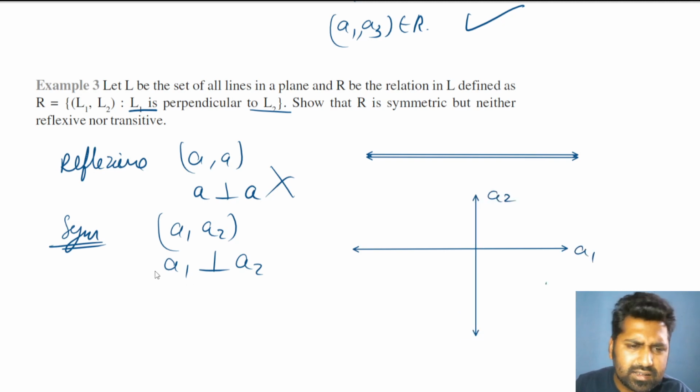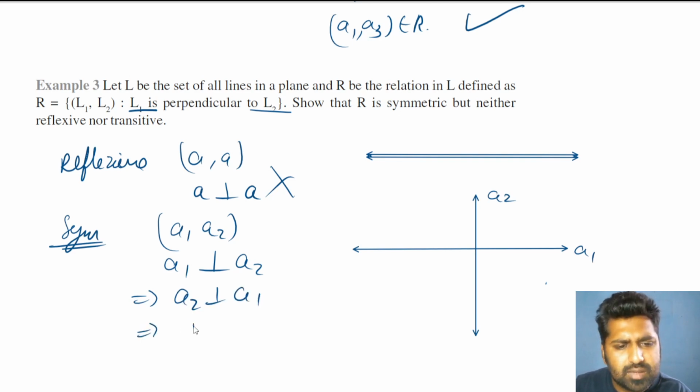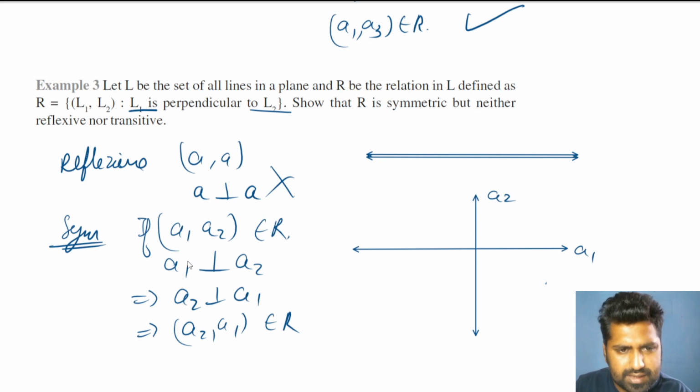Can I say this automatically implies that A2 is also perpendicular to A1, which means (A2, A1) also satisfies this relation if they belong to R? Whether I say L1 is perpendicular to L2 or L2 is perpendicular to L1, both are the same thing. So that means it is symmetric.